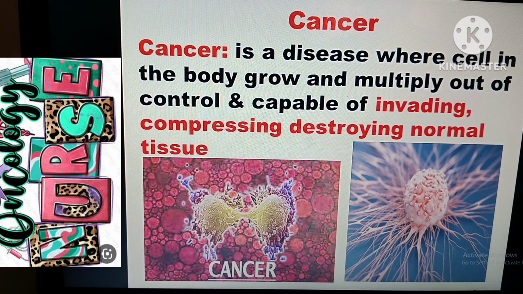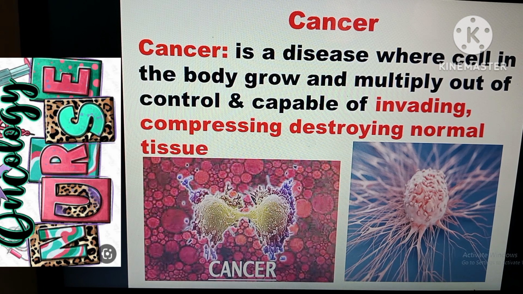So what is cancer? You might have often heard that a person is suffering with cancer. Cancer is a disease where cells in the body grow and multiply out of control and are capable of invading. What's the meaning of invading?